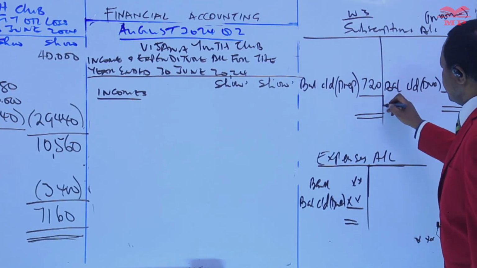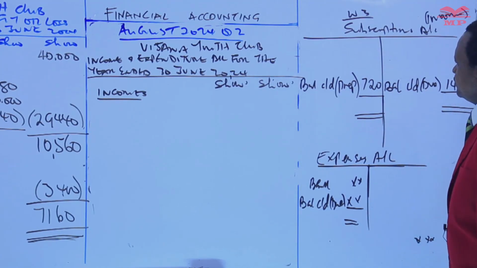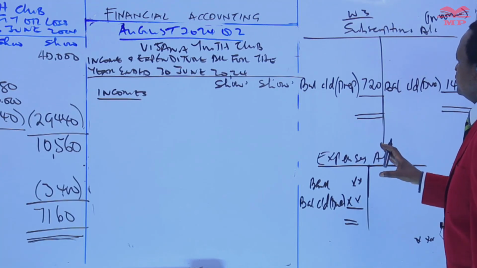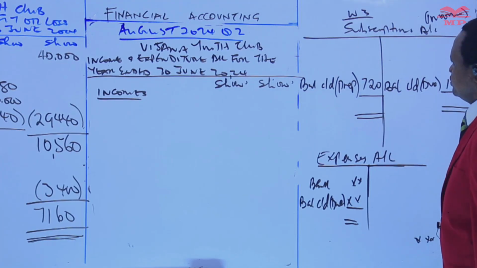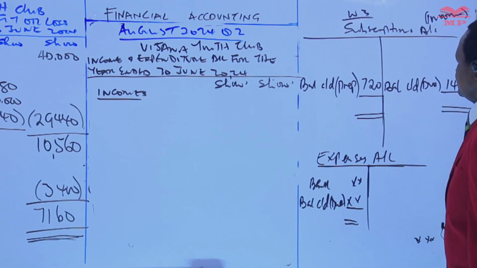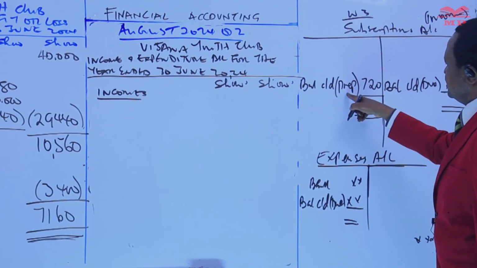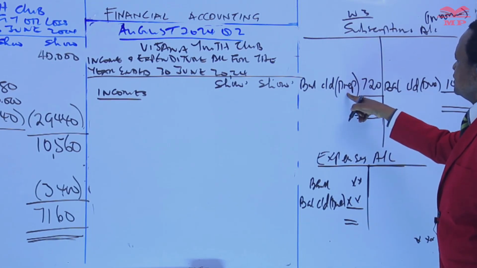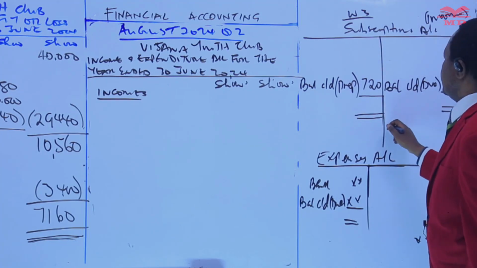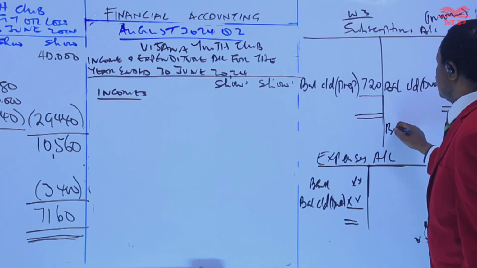So once you have this, I'm trying to find a formula to help you, not just to memorize, but you can do it practically. You can see candidates, this balance carried down at the end, the prepaid at the end. At the beginning, you credit balance.